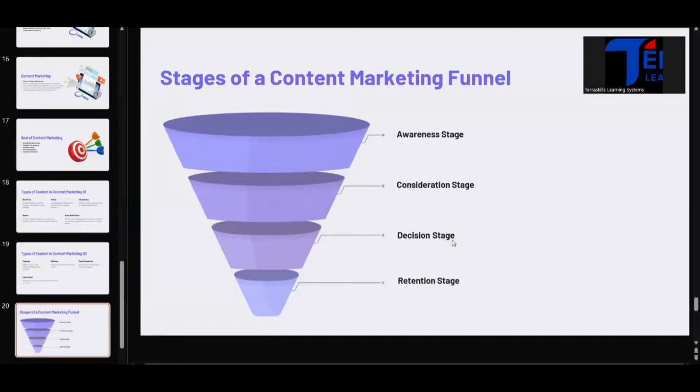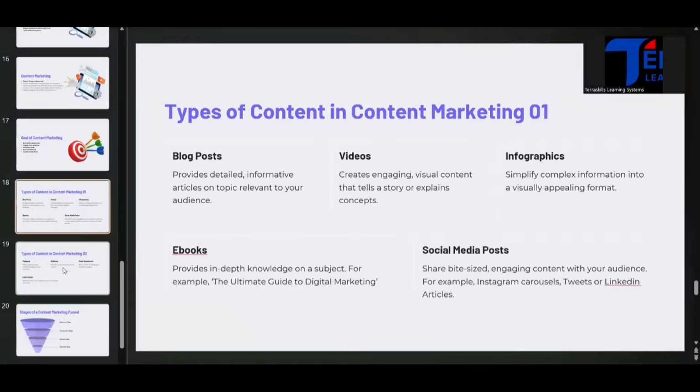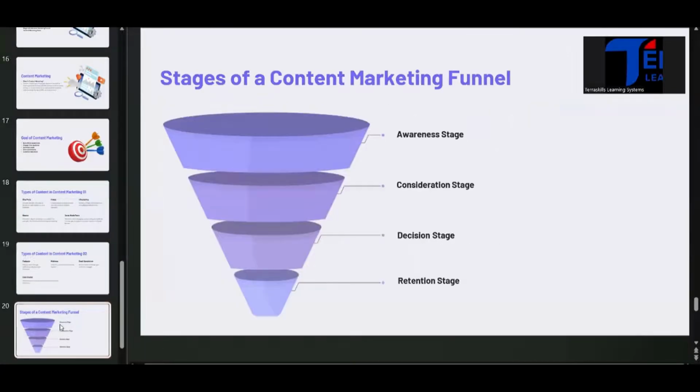And then in the decision stage, when they eventually buy, they are now paying clients. So your job here is to keep them engaged, right? In order for them to come back as returning customers. Now, it's that simple. So for every style of content, every type of content that we've talked about, each of these has a role to play in the content marketing funnel.